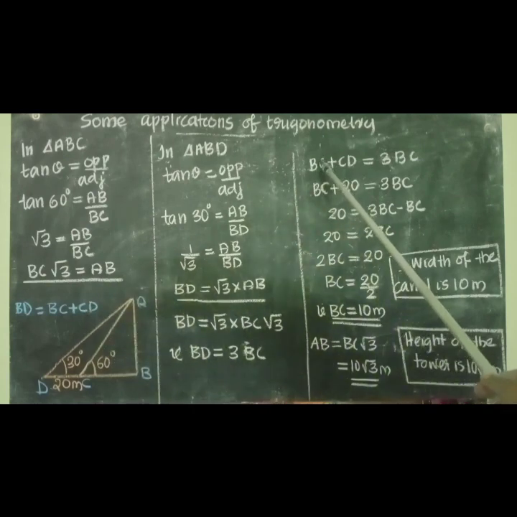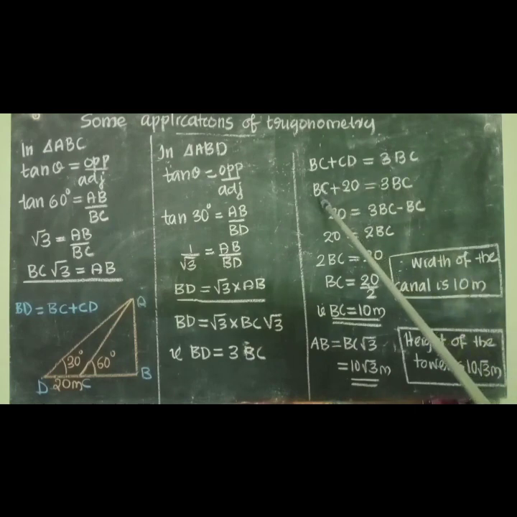So we get BC plus CD equal to 3 BC. Now it is given CD equal to 20. So we can write BC plus 20 equal to 3 BC.